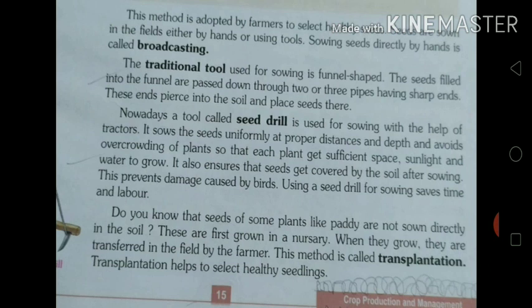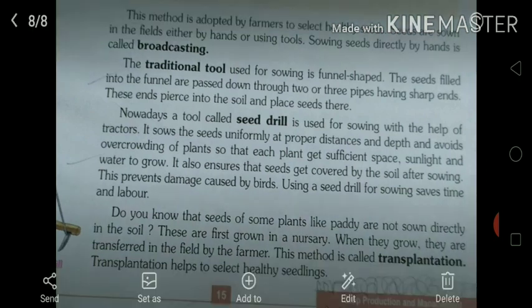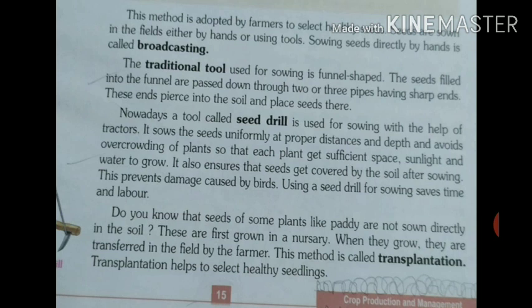So what are the advantages of the transplantation process? It is very, very important. Let's discuss one by one. The process of transplantation enables us to select only the better and healthy seedlings for the cultivation of crops, and in this way the farmer rejects the damaged ones.